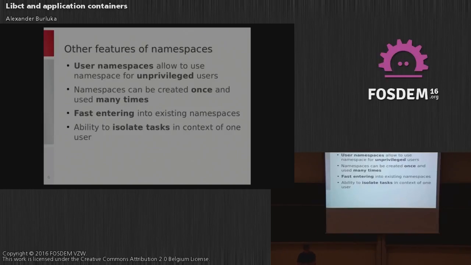But a UTS namespace uses only a couple of syscalls. Entering is fast, so you create a namespace once and reuse it whenever you want. I think the ability of isolating tasks is quite obvious from that context.